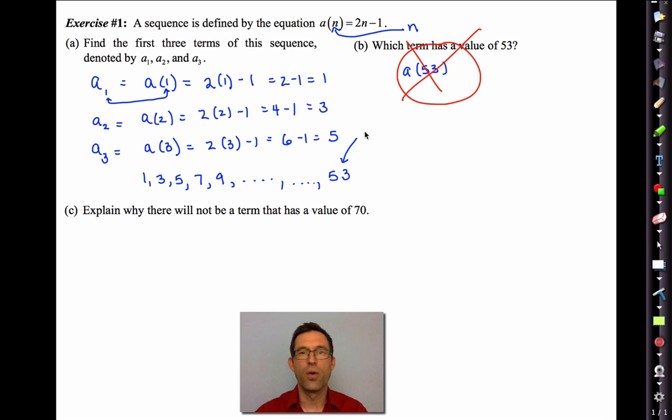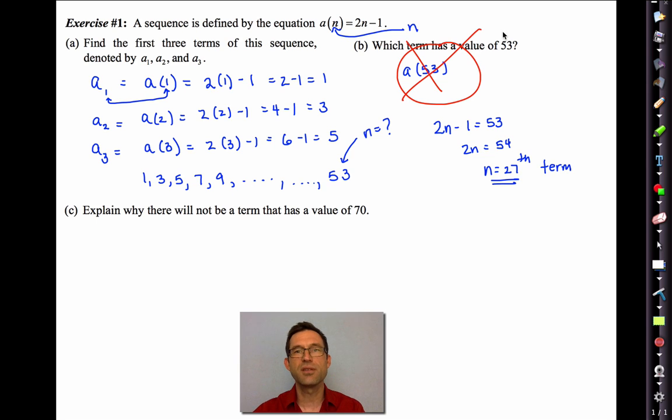And I want to know what n is equal to. Well, that's easy enough. I'm just going to take 2n minus 1, set it equal to 53, get 2n equals 54, and n equals 27. So the 27th term, or the 27th number in this list, is 53.